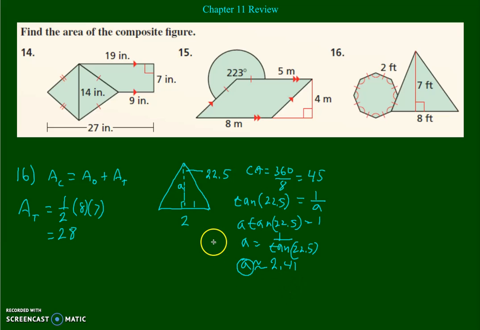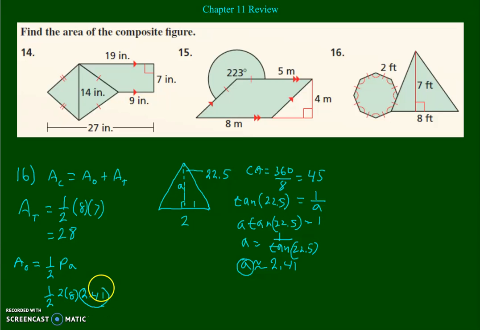Now that I have my apothem, I know my side length is 2, so I can get my perimeter. The area of our octagon is 1/2 pa, and that's 1/2 times the perimeter, which is 2 times 8, times the apothem, which is going to be the value we had stored, not just 2.41.